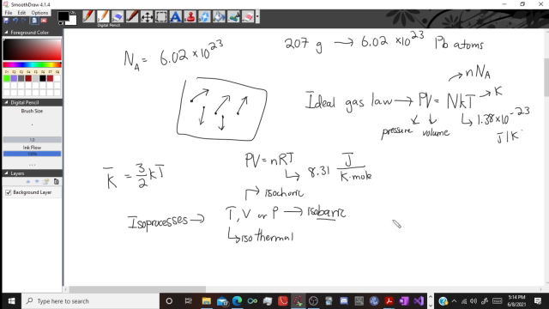Back to the ideal gas law, I'm going to use PV equals nRT, assuming everything else is constant.